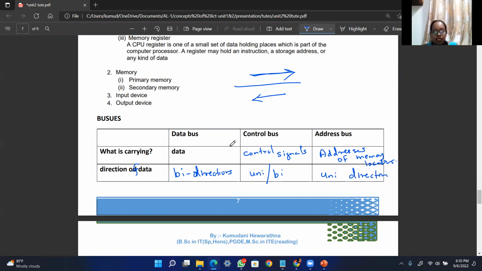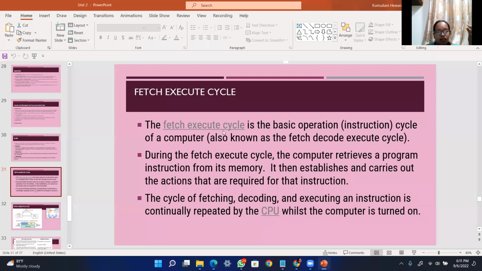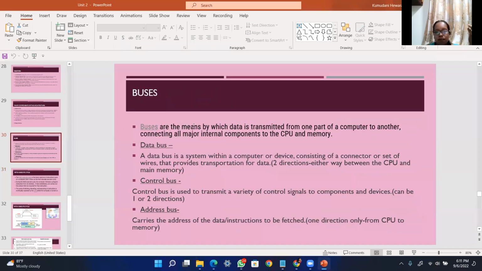Just this summary is enough regarding buses and the definition of a bus. What is meant by a bus, right? So, what is the definition? Buses are the means by which data is transmitted from one part of a computer to another, connecting all major internal components to the CPU and memory.